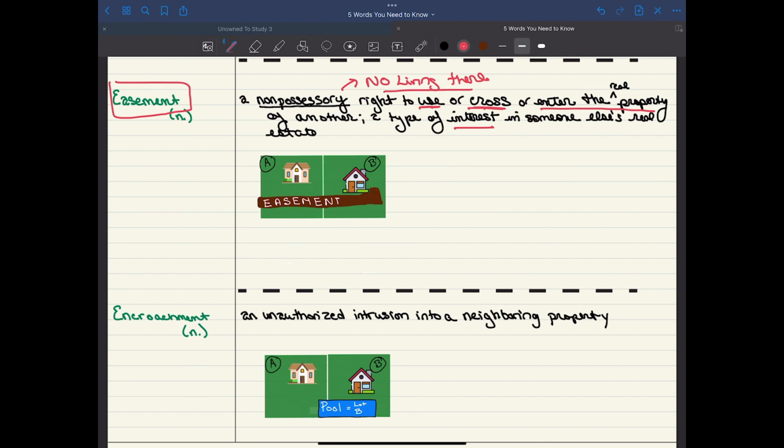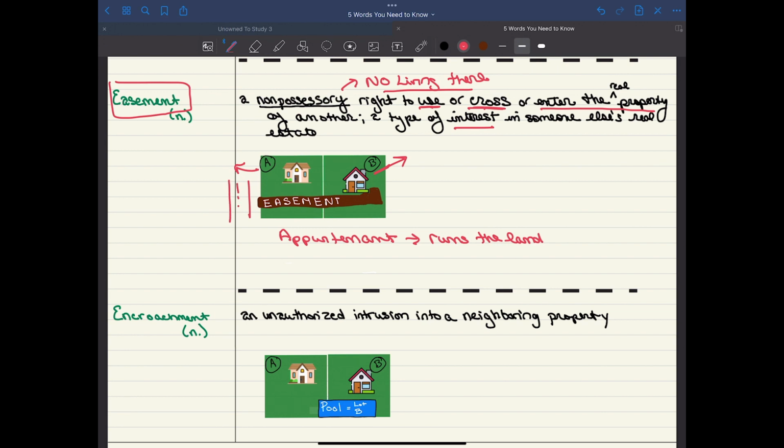Now, one type of easement you're going to see a lot is an appurtenant easement. And we just saw that word appurtenant. And we know that means it runs with the land. So when you see the words appurtenant easement, you know that it is one property, and let's call this property B, it's their right to cross over the land of property A. Let's pretend that the road is over here.